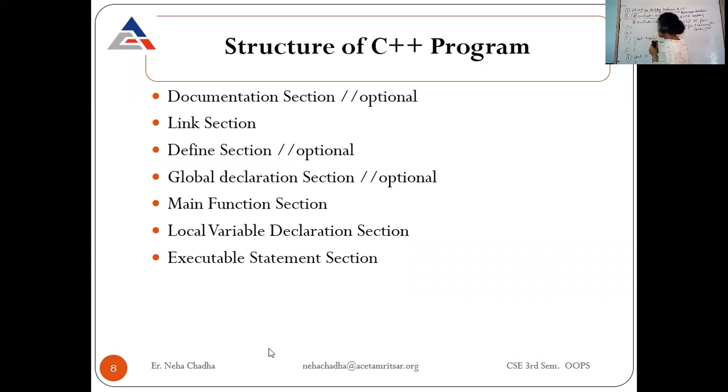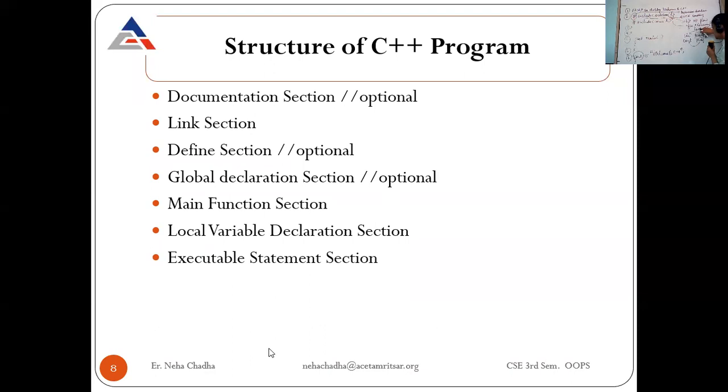Why have I used iostream instead of stdio? Because here I have used the cout statement. We have two types of input output statements in C++, cin and cout. As in C, we have scanf and printf. But in C++, instead of scanf, we will use cin, and instead of printf, we will use cout.